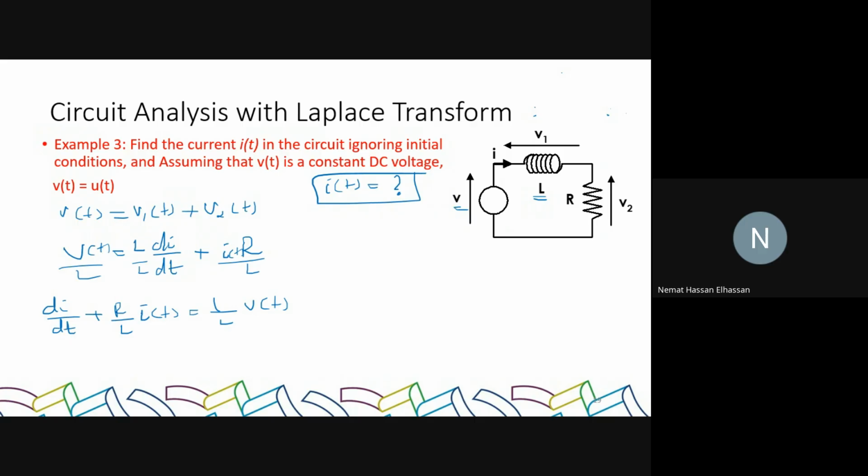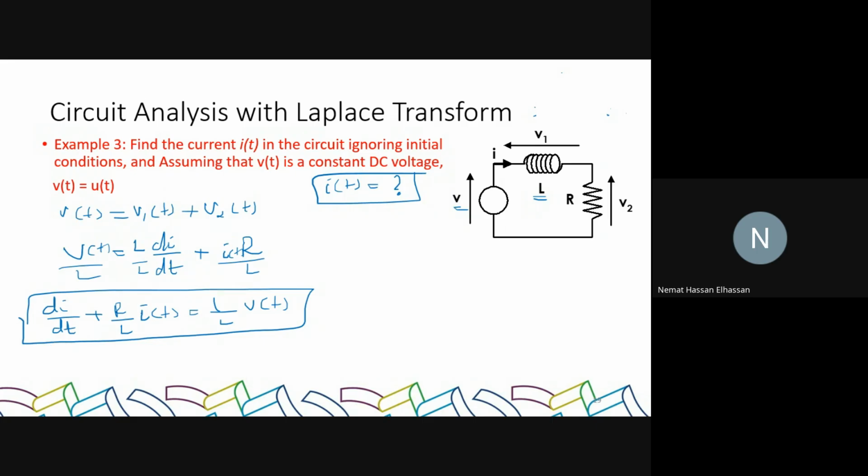It's the exact same equation, just rearranged. This is our problem in time domain, and it's a differential equation, which is not the most direct equation to solve, right?